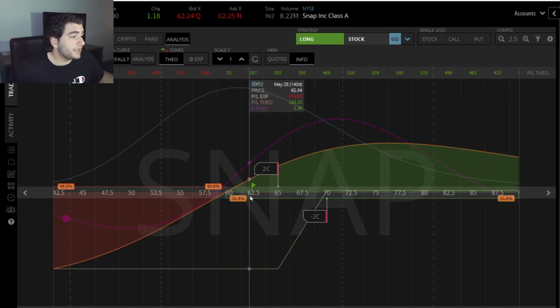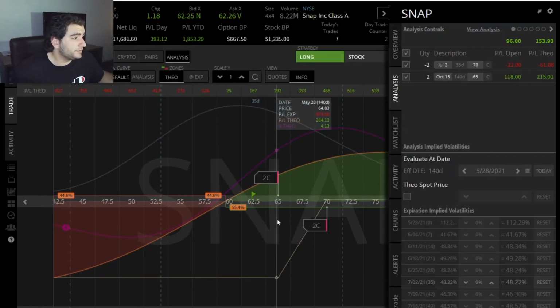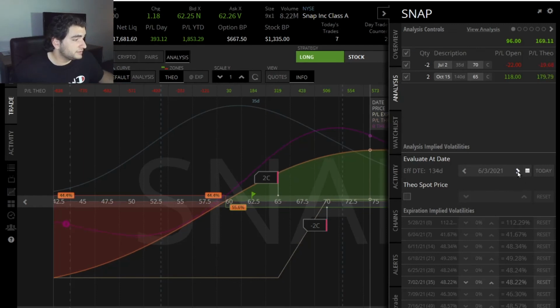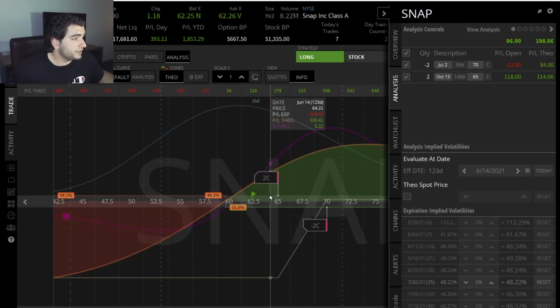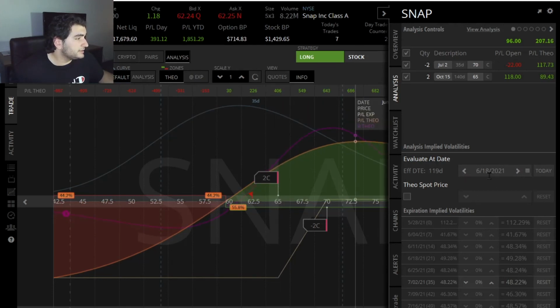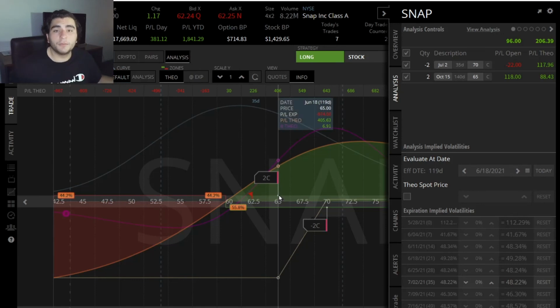So we're making money every day as time passes. Let's pull up the time analysis again. Theta keeps going and stays constant, and by about June 18th, our theta has gone up quite a bit. So you're making more and more money as time passes, putting yourself in a great position to profit.